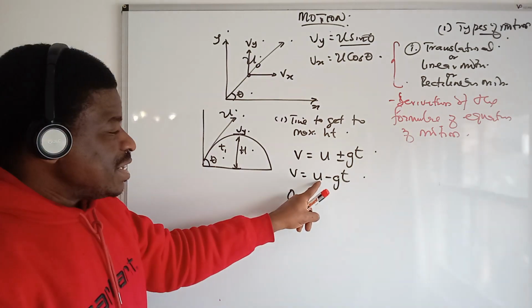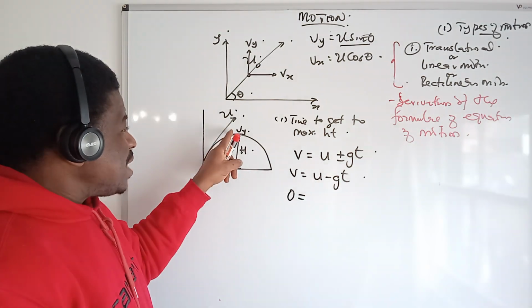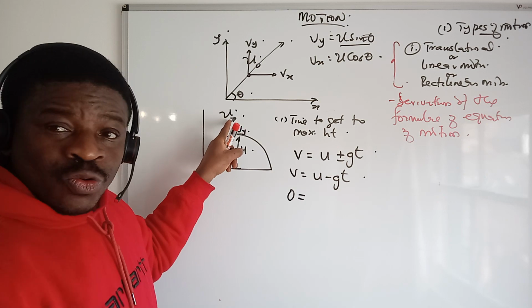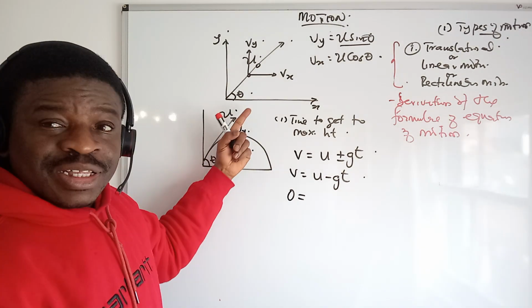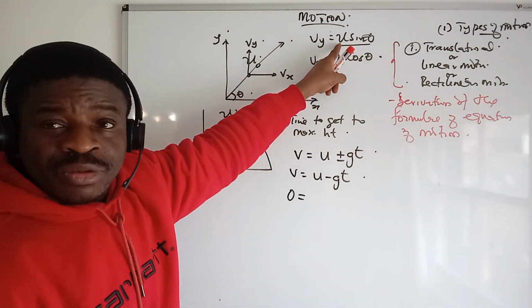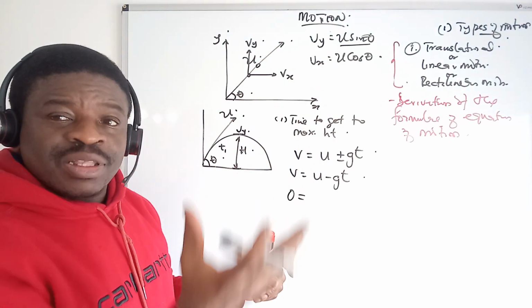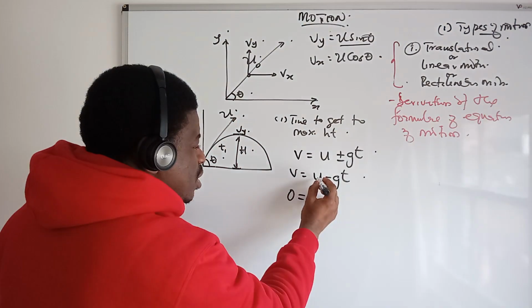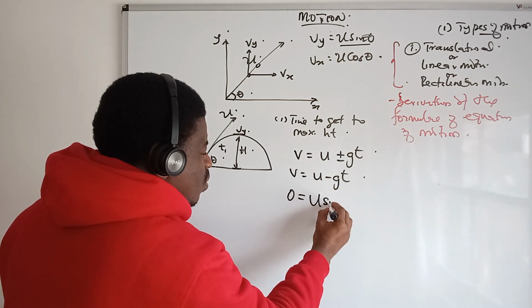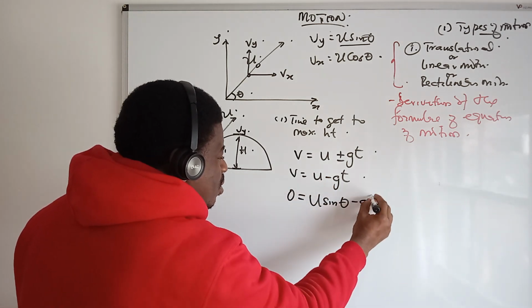Now, what is your initial velocity? The initial velocity in terms of the one taking it up is not u, it is u sin theta. So 0 equals u sin theta minus gt.